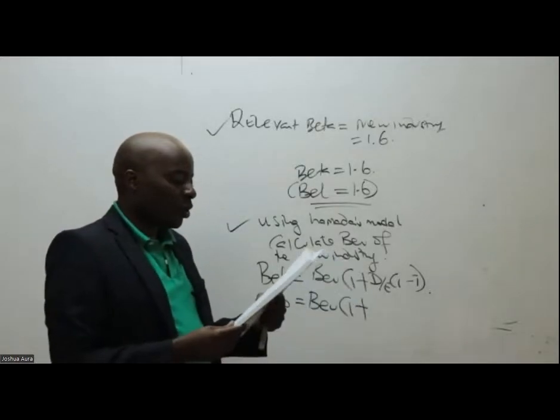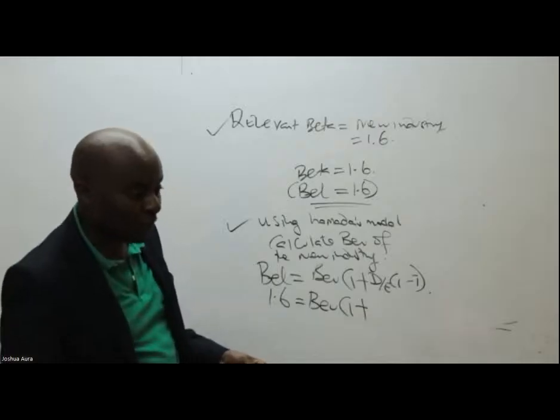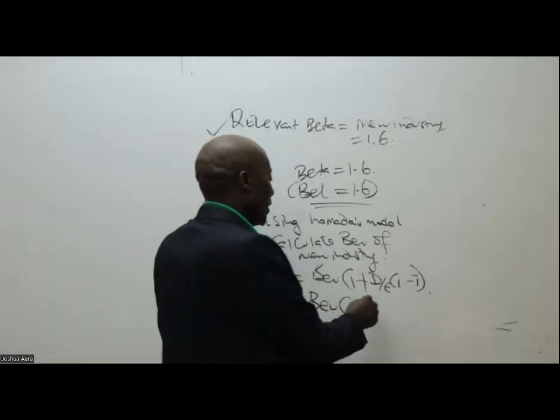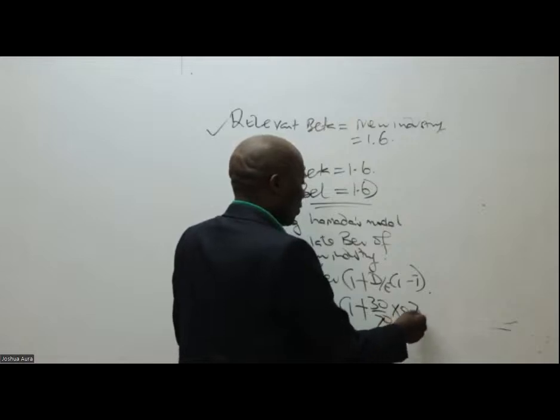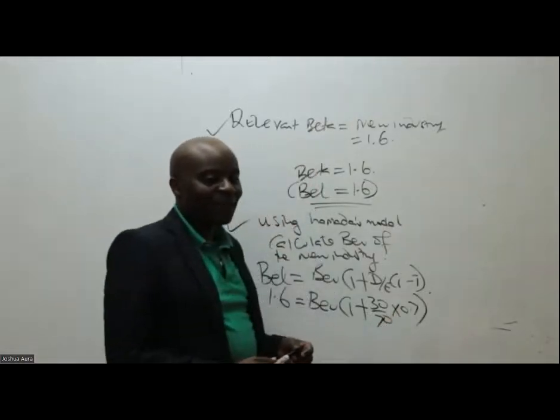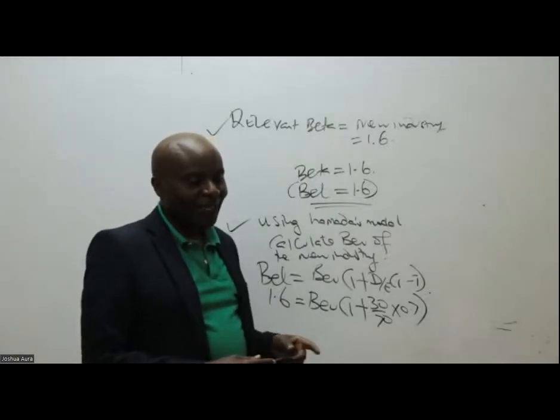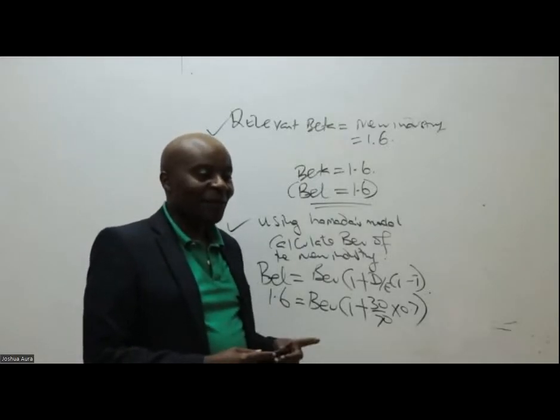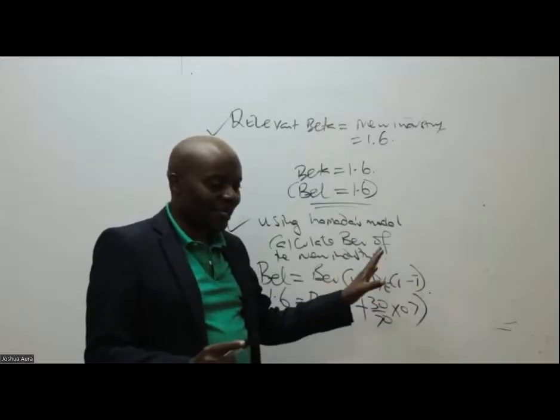The new industry, which is electronics, debt is 30%, equity is 70%. So 30 over 70, into 1 minus tax, which is 30%.